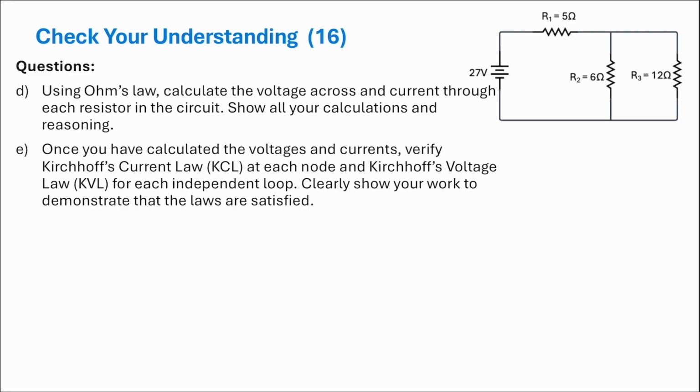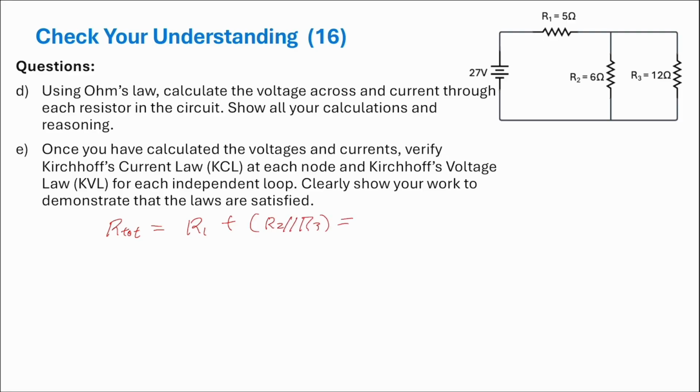Using Ohm's law, calculate the voltage across each resistor and prove the KCL and KVL. Okay, so again, the total resistance is R1 plus R2 parallel R3.